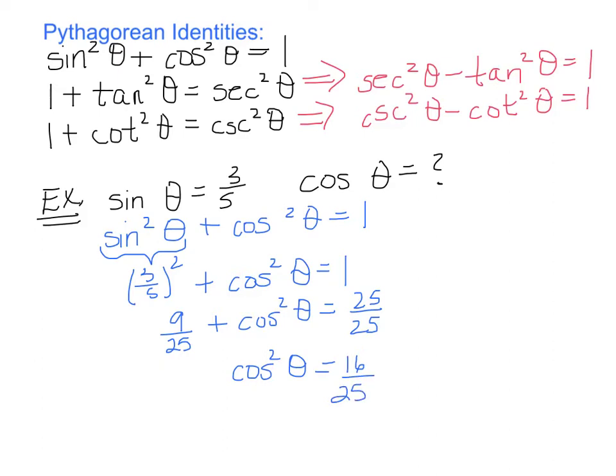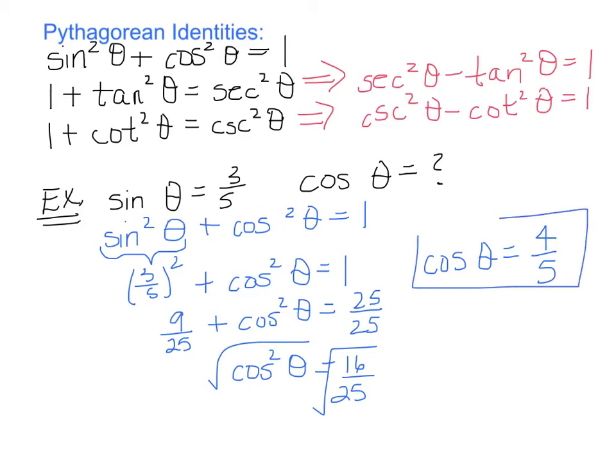And anytime you see a square, then you're just going to square root both sides. So cosine of theta would be the square root of 16, which is 4, over the square root of 25, which is 5. Since they said theta has to be acute, you can't have plus and minus. Because you remember, acute angle has to be greater than 0 but smaller than 90. So this would be your answer.